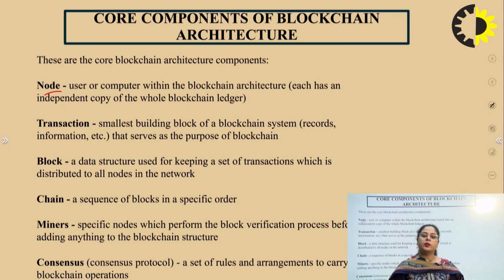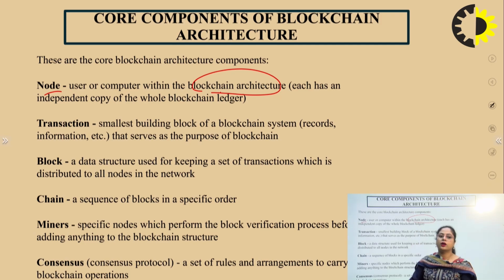Nodes are nothing but the users or computers within the blockchain architecture, the computers which are present in the decentralized network. Each has an independent copy of the whole blockchain ledger. Every node has their digital ledger, their record book, to update the transactions and to see the transactions.